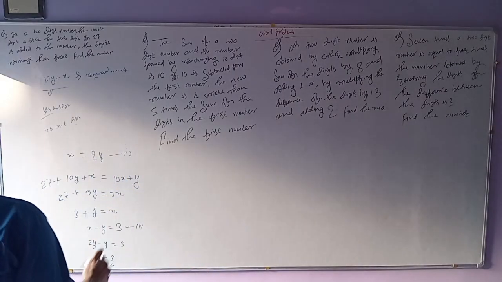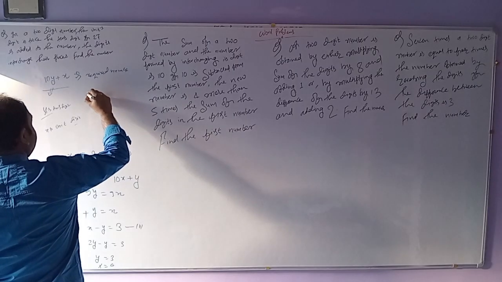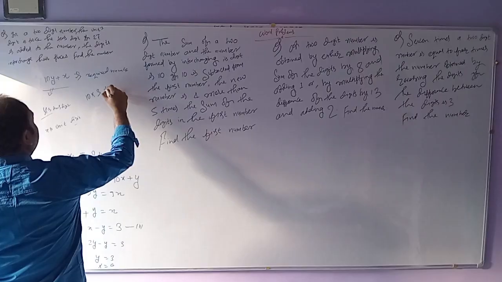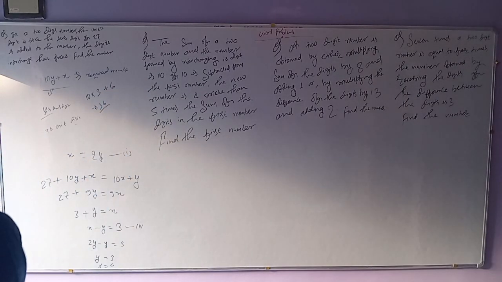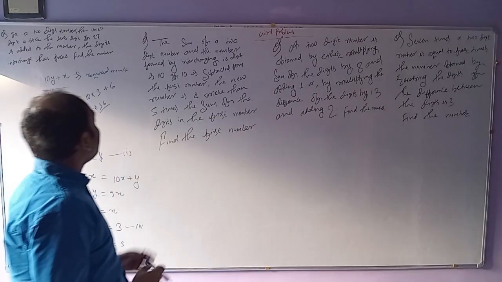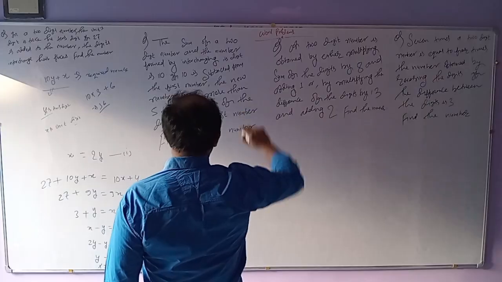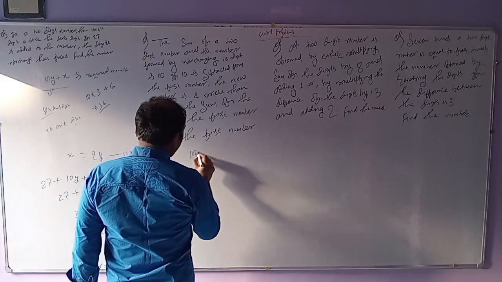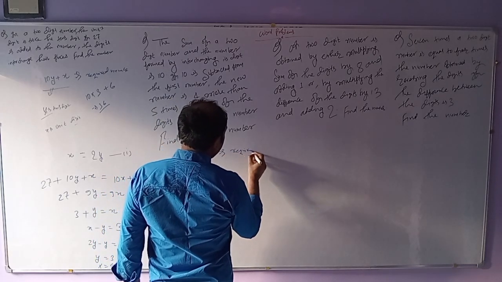So the required number becomes 10 into 3 plus 6, that is 36. And another question: the sum of a two-digit number. Let us consider we have a two-digit number 10y plus x, that is also our required number.